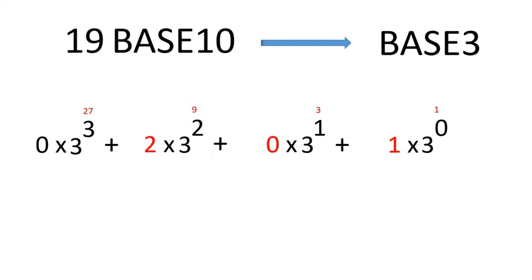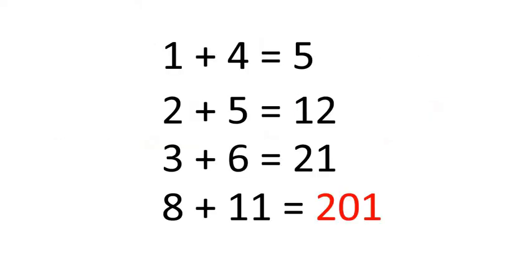Well, let's go. 19 base 10, converted to base 3, and that is what we got. We have 2, 0, 1. And that is the only solution for that puzzle, because I'm quite sure that that was the intention of the creator of that puzzle.